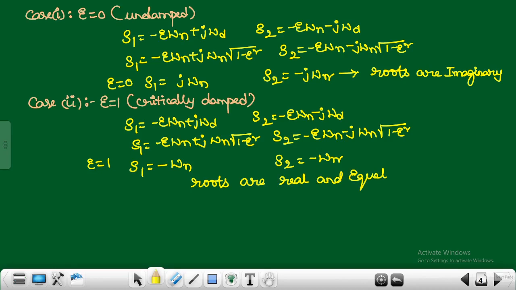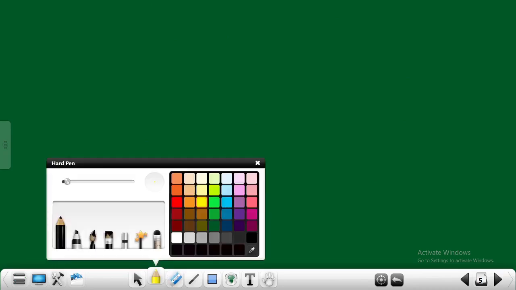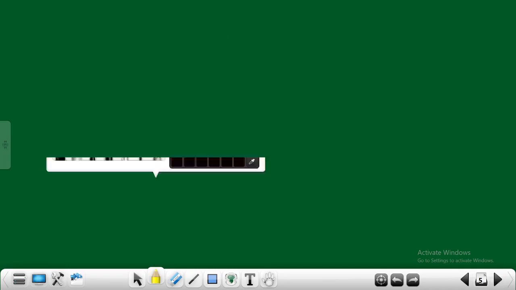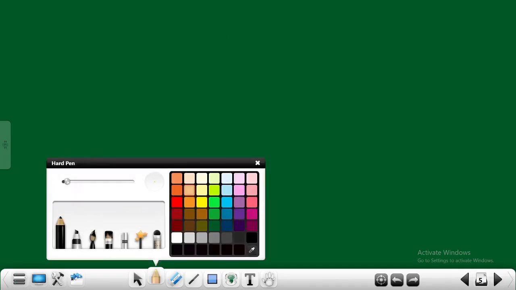Let us consider the case 3 condition also. In case 3, we are considering that the range of zeta is varying between 0 less than zeta less than 1.